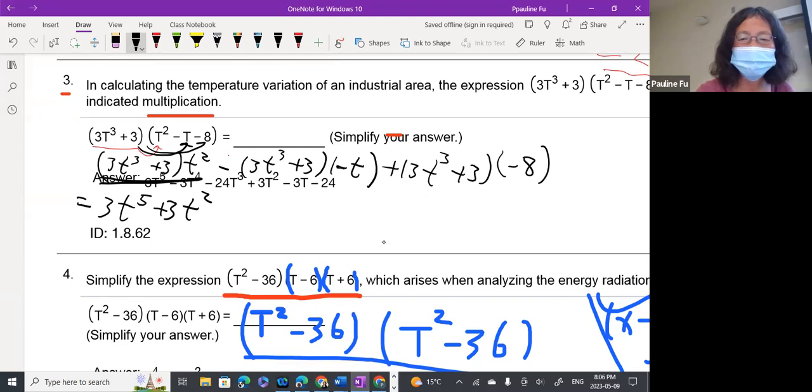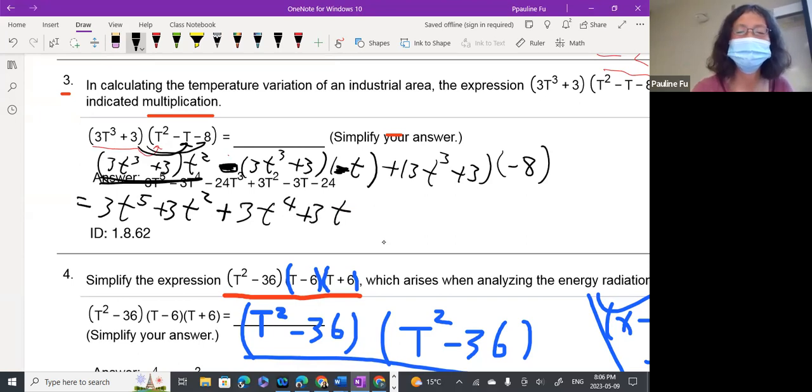And then negative times negative goes to positive. So positive 3t plus 3t. Last one, -8 times this bracket becomes -24 minus 24.